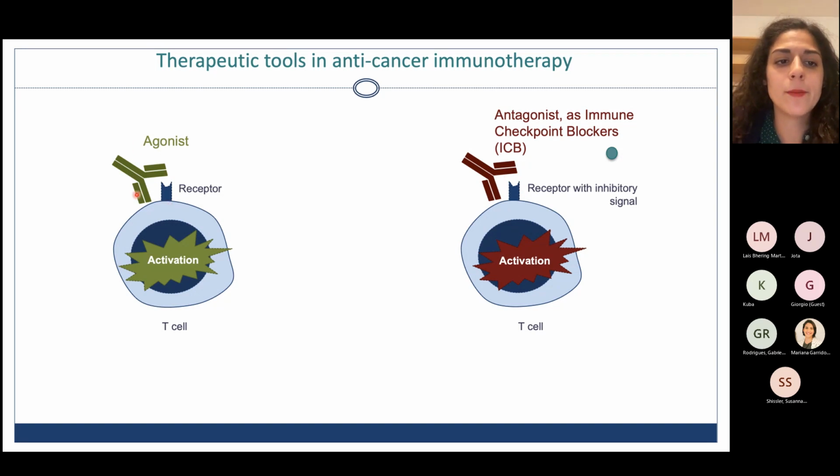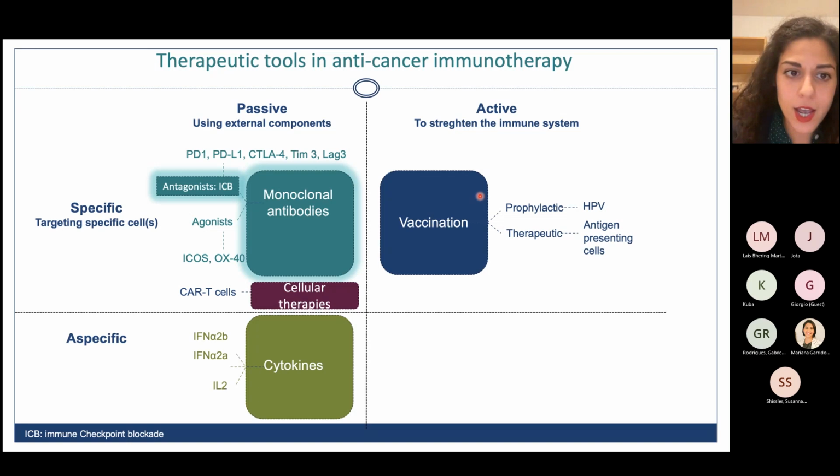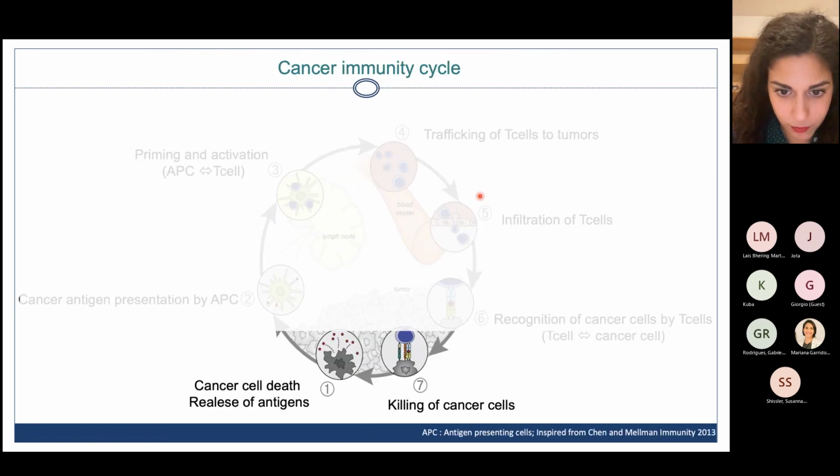The agonist will aim to activate the receptor that activates the T cells, while the immune checkpoint blockade will aim to inactivate the receptor that leads to the inactivation of the T cells, meaning that if you block a brake, then you have the activation of the T cell. And so these immune checkpoint blockades are the most broadly used in the anti-cancer field.